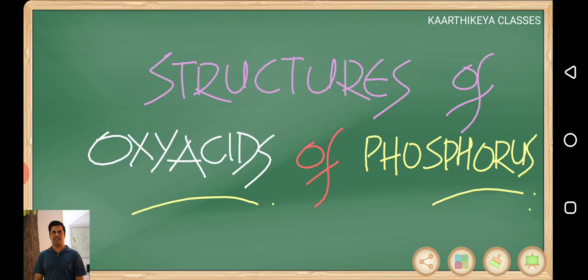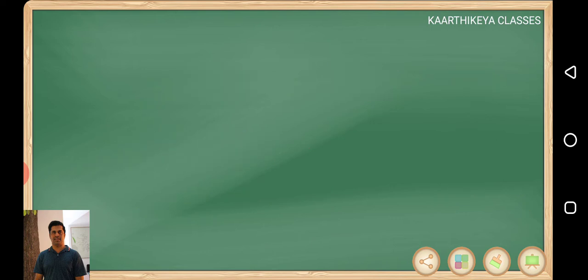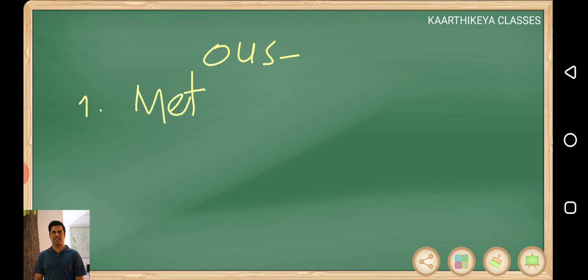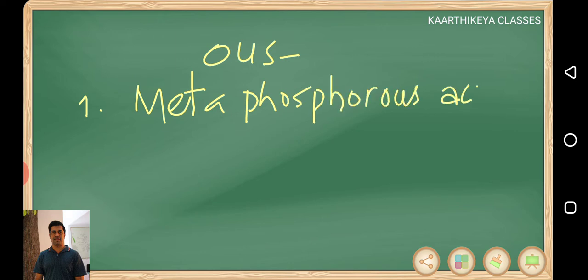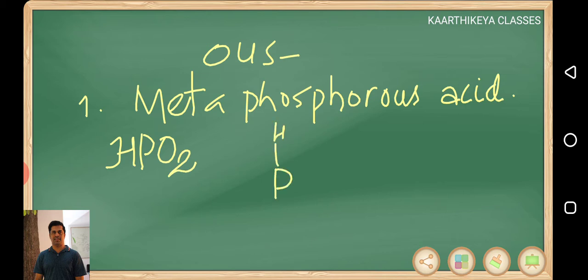Okay, so let's start. First, the -ous acid series. Phosphorus acid series. The first one is metaphosphorus acid. Metaphosphorus acid formula is HPO2. The structure is P, with a P-H bond, double bond O, double bond O. Hybridization will be sp2.